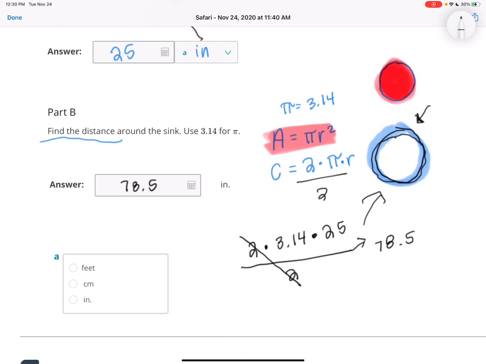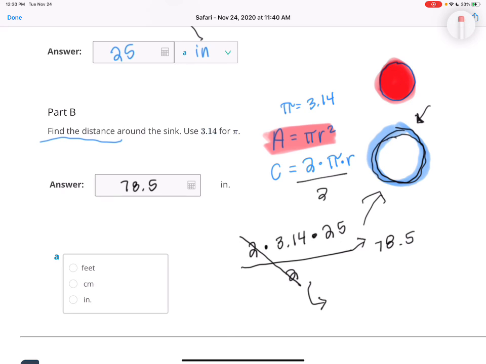So just in case you guys didn't understand the cancellation, because I am an overthinker, I want to multiply going straight across to show you guys what you would have gotten. So it's going to be 2 times 3.14 times 25. So 2 times 3.14 times 25 will give me 157.